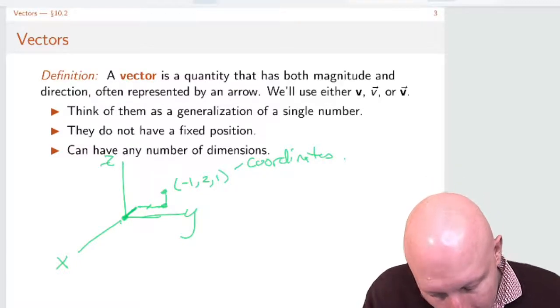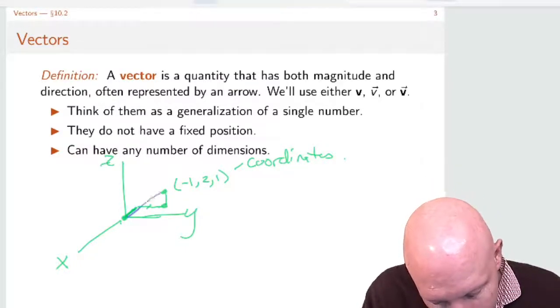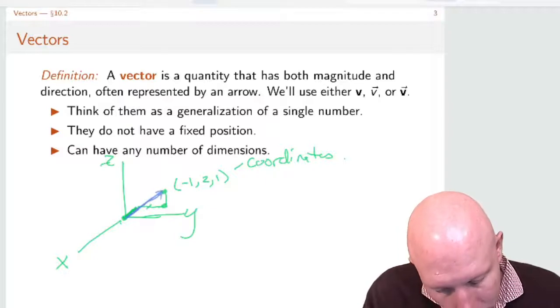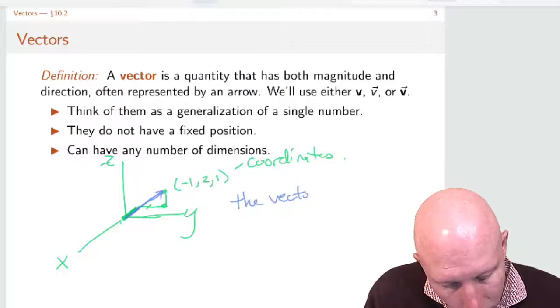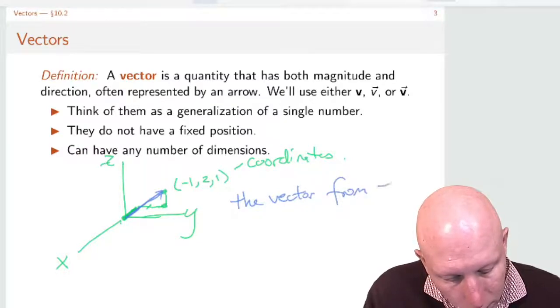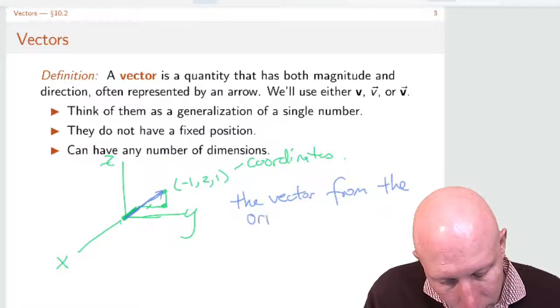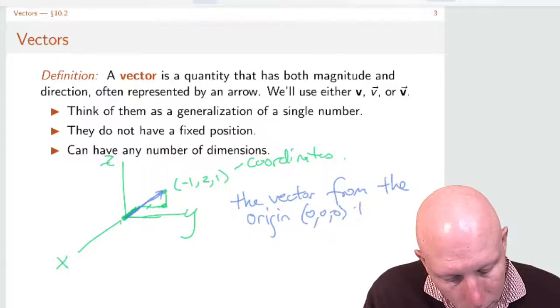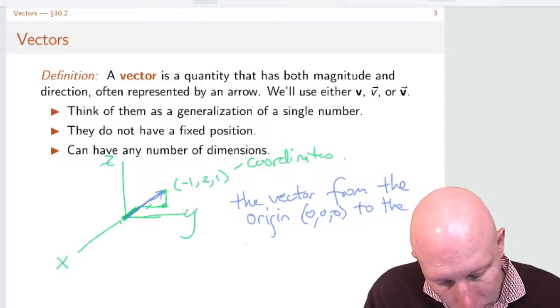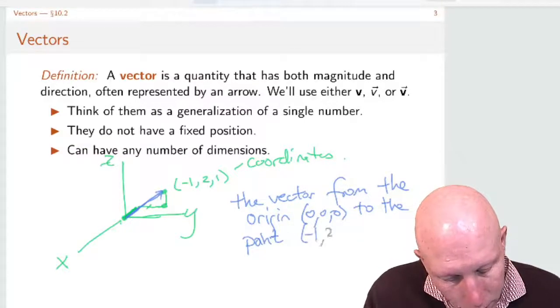But what we can draw is the vector that goes from the origin, 0, 0, 0, to the point -1, 2, 1.